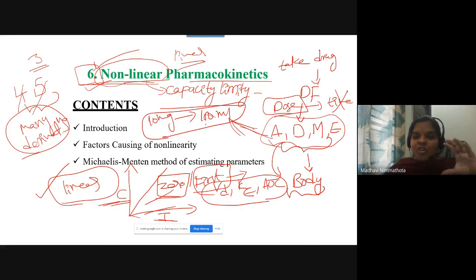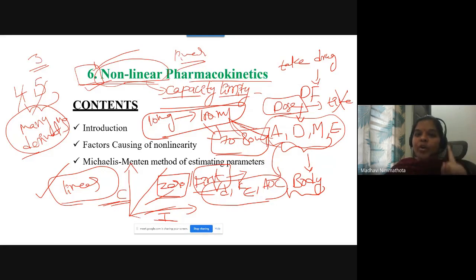In case of capacity limited, 100 ml of fluid is not available, only 70 or 80 ml will be available. That is capacity limited kinetics. That's why non-linear kinetics are also called capacity limited kinetics.